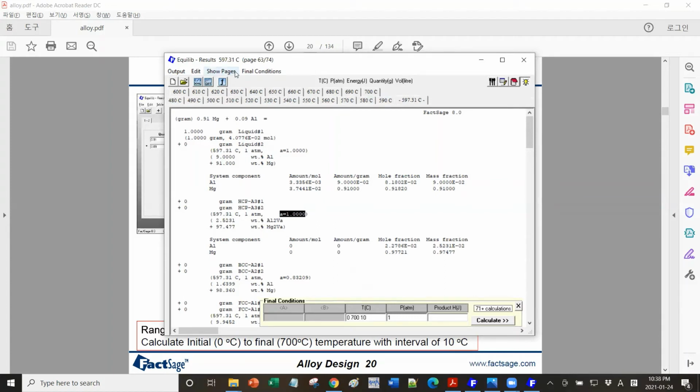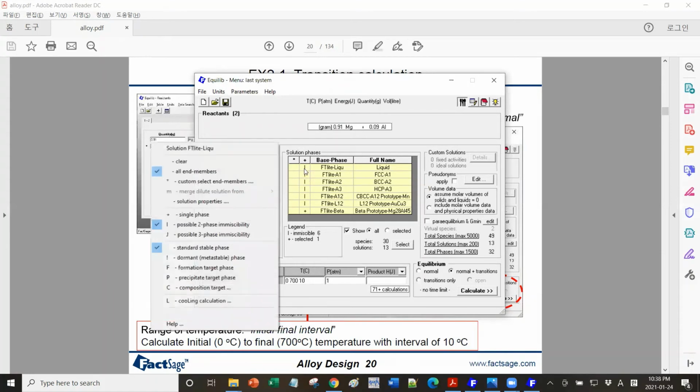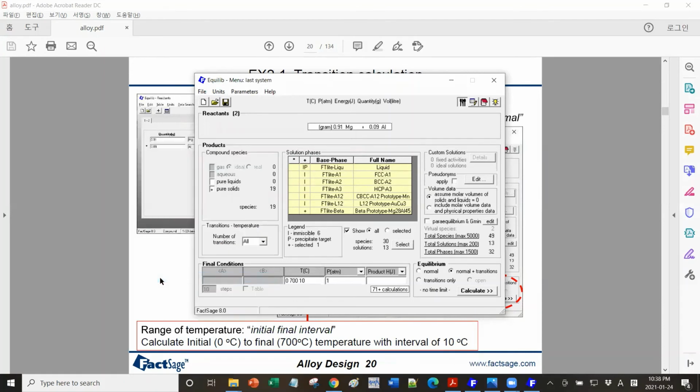Then let's do the precipitation target temperature calculation. So click this button. This button is the menu. For the calculation, we have to use P. Click the mouse right button on the FTlite liquid and set P, precipitate target temperature, and erase all the temperature range.